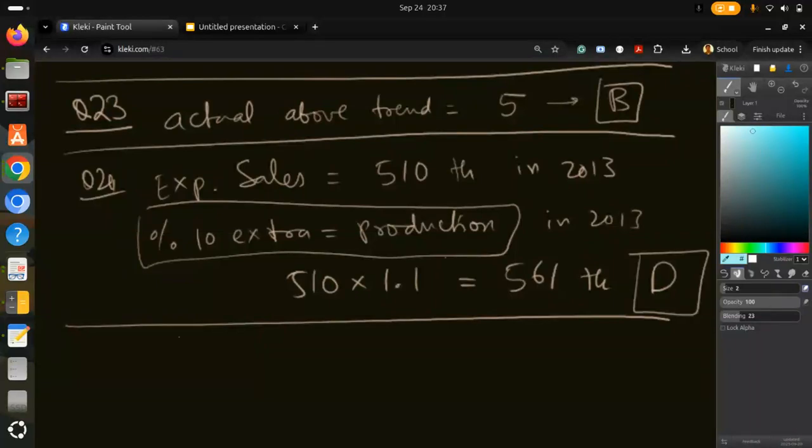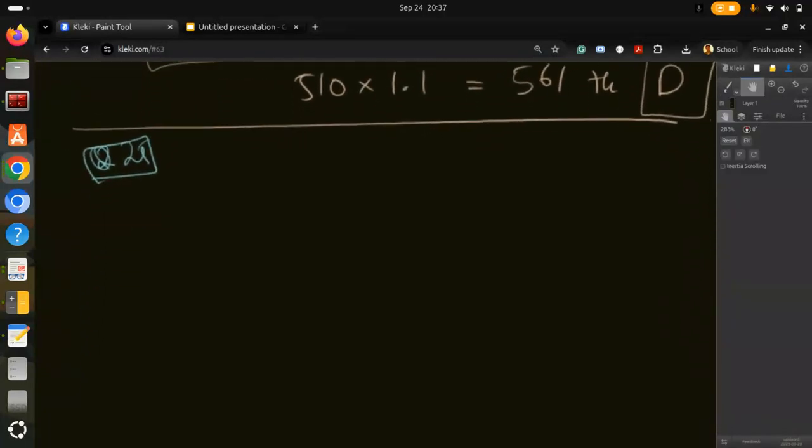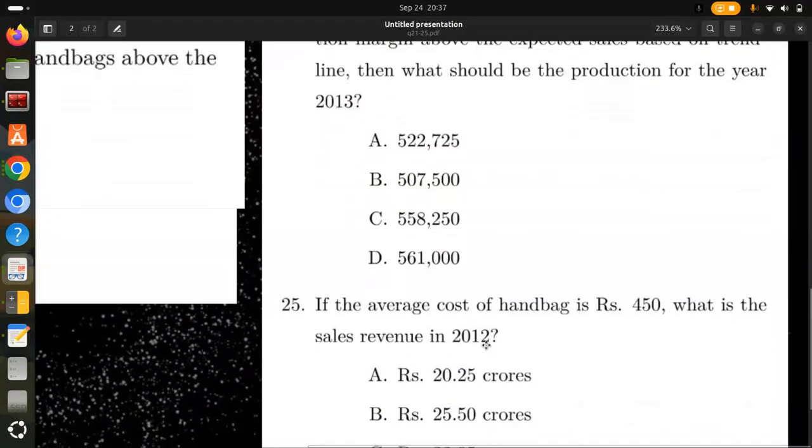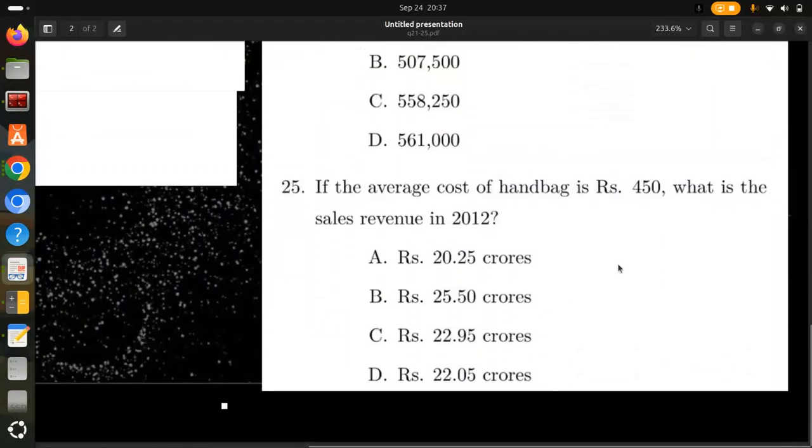Now let us go to question number 25. What is question number 25? If the average cost of a handbag is rupees 450, what is the sales revenue in 2012? I think it is very easy. I just have to multiply the number with 450.